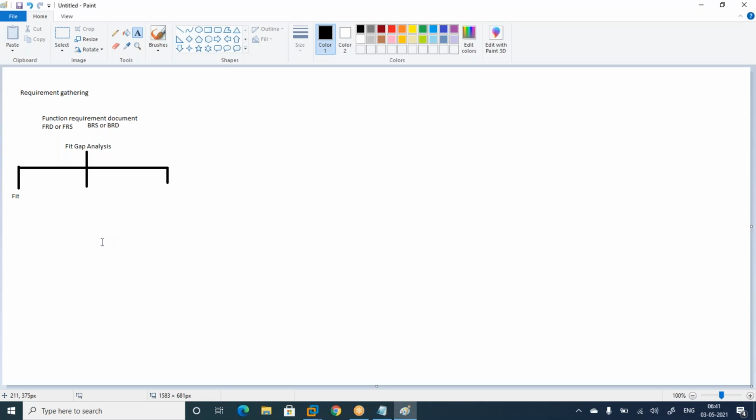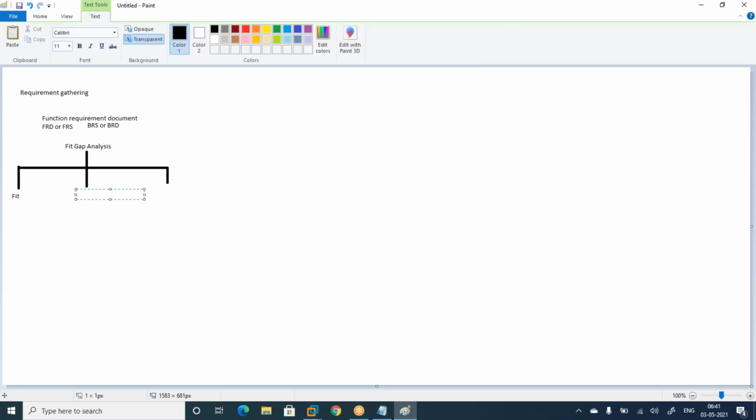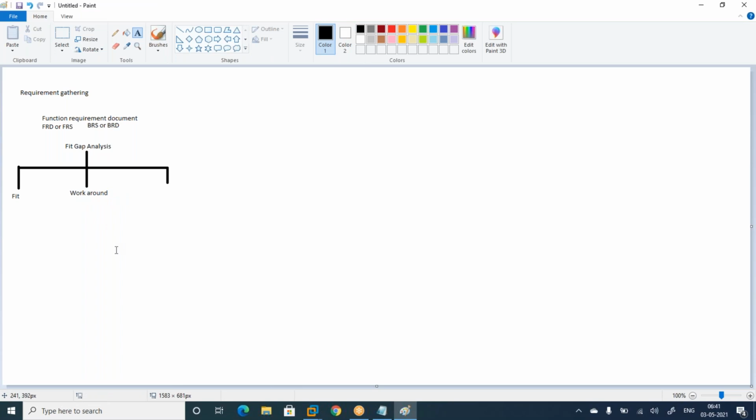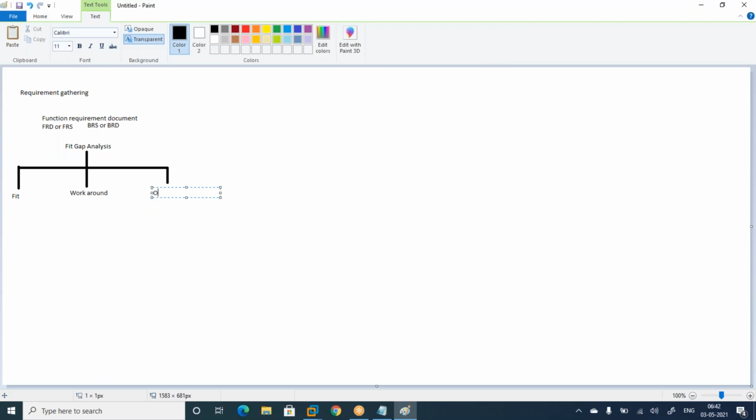Next one is the gap, which is divided into 2. One is workaround solution. That means directly it is not available, but through a workaround, if your client is asking for 1-2 steps, we can do it in 1, 2, 3, 4, 5 steps. Best example, as I told you in our session, is the charges invoice. Transportation invoice is directly not available, which I told you earlier. And this one is out of scope.